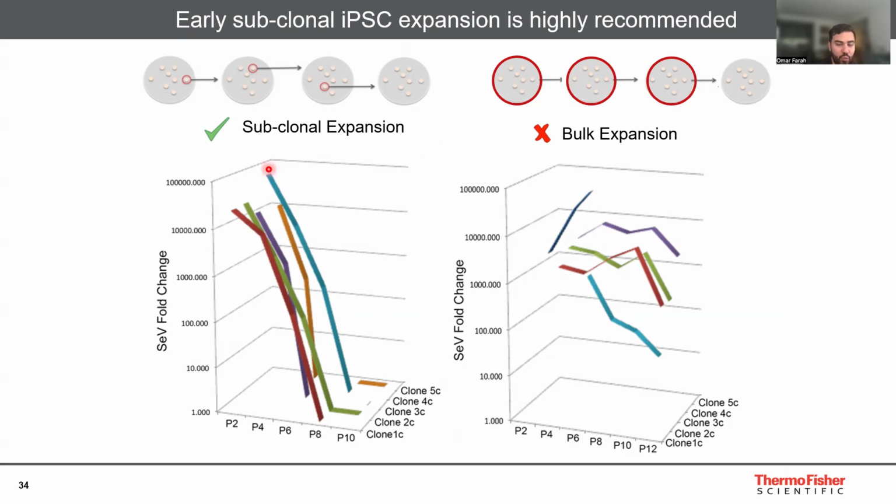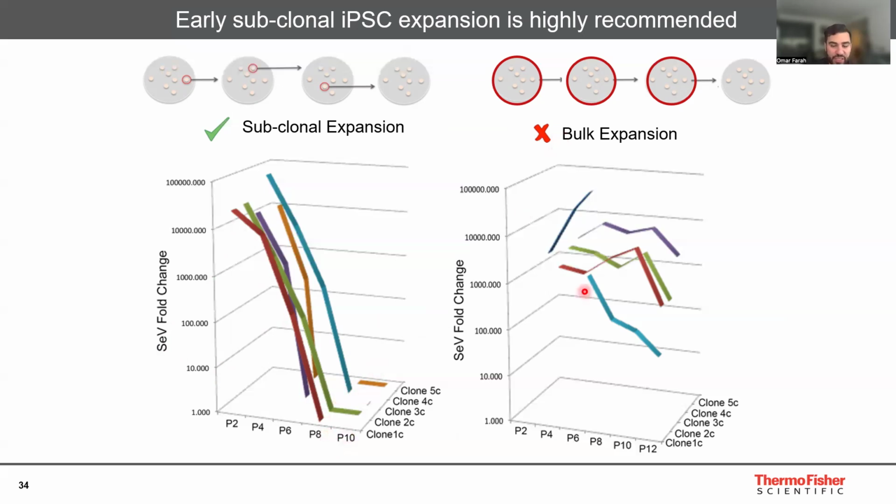And this is one example with the CytoTune vectors, where for the subclonal expansion, looking at the Sendai virus by qPCR in 5 different clones across multiple passages after reprogramming, we can see a dramatic drop in the relative levels of Sendai virus, right? By passage 8 to 10, we can no longer detect the viral backbone.